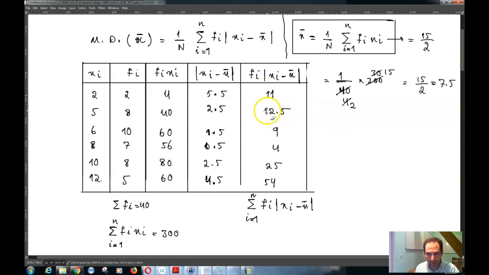So this is 11, 12.5, 9, 4, 25, and 54. That's 115.5.